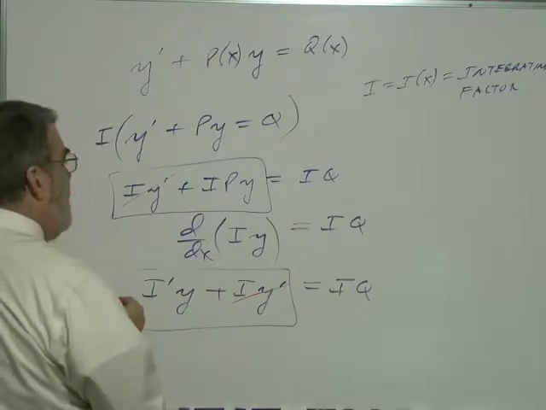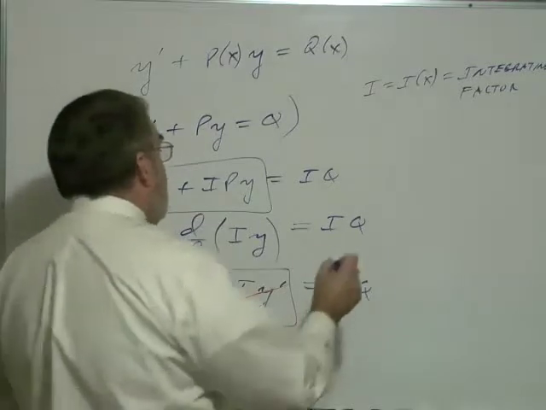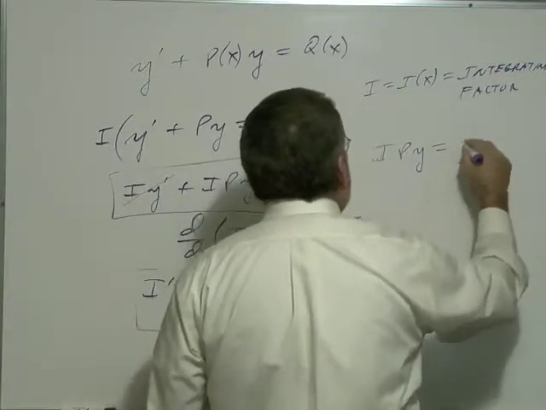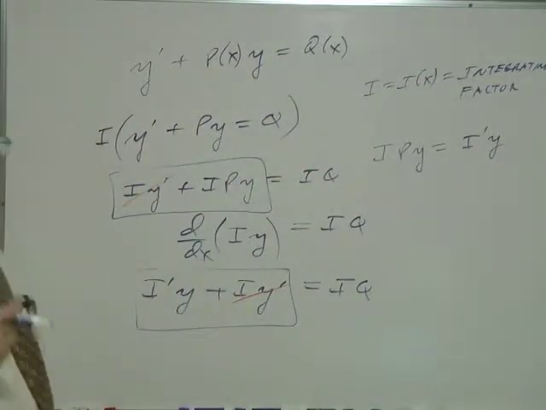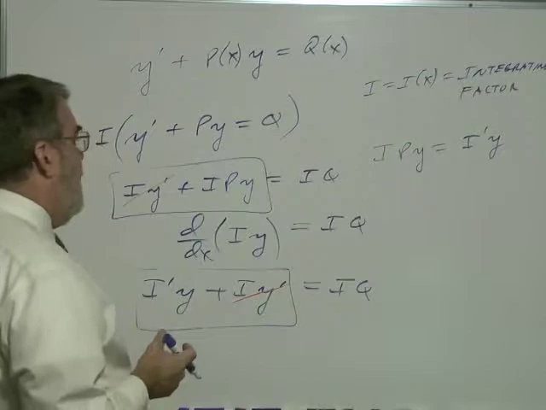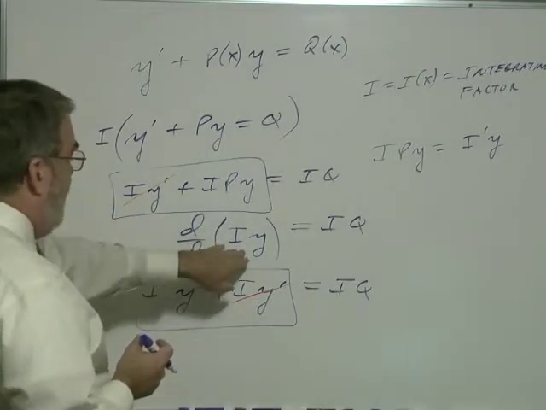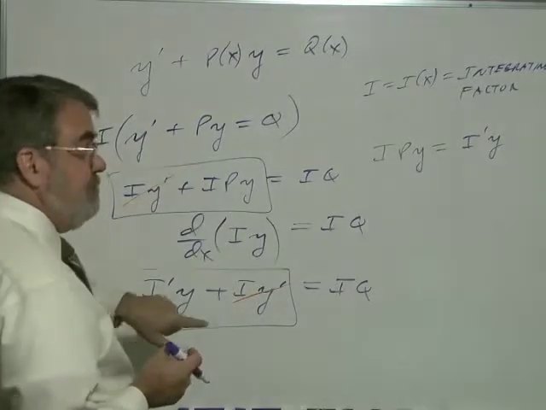So in other words, I P y would have to equal I prime y. So that would be the prerequisite, so to speak, of finding my integrating factor. In this format, if this is going to work, then these two have to be equal.